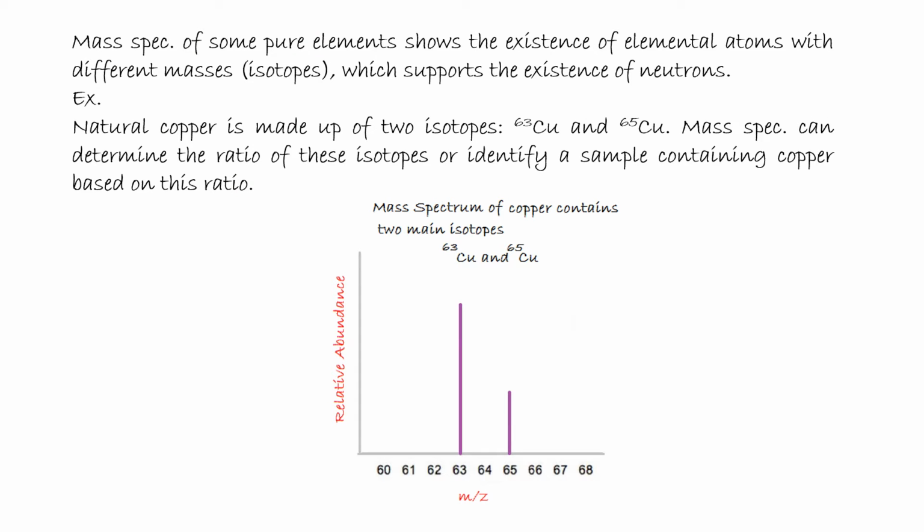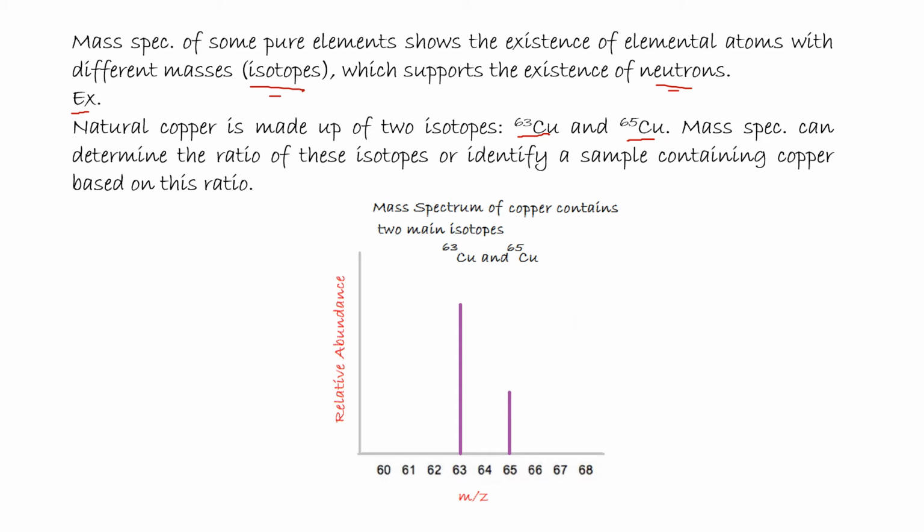Mass spec of some pure elements shows the existence of elemental atoms with different masses. We call them isotopes, which support the existence of the neutral part of the atom. For example, natural copper is made up of copper 63 and copper 65.